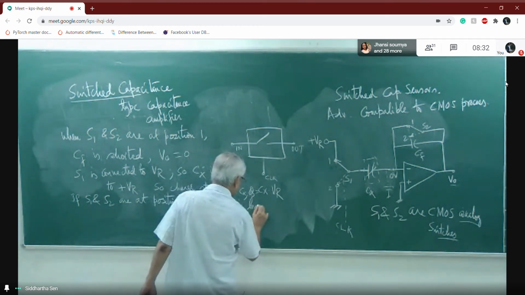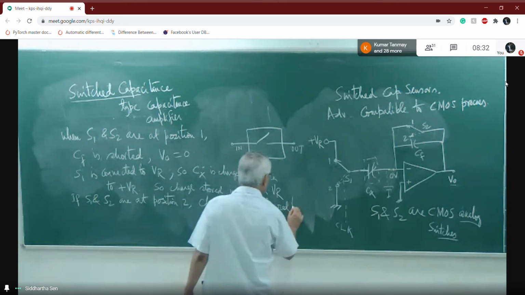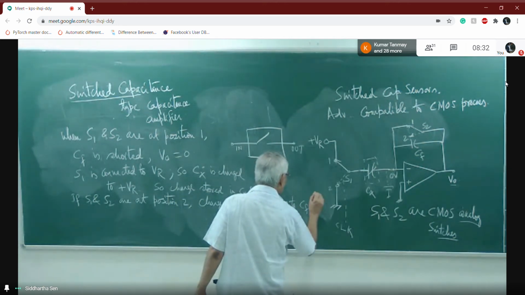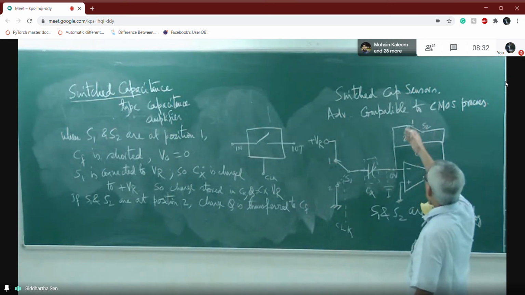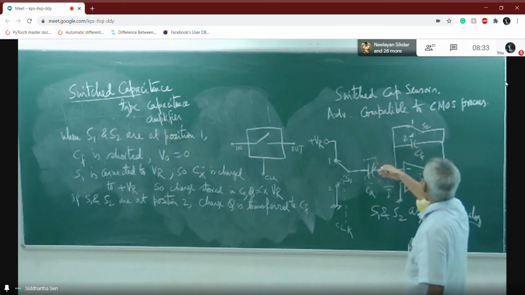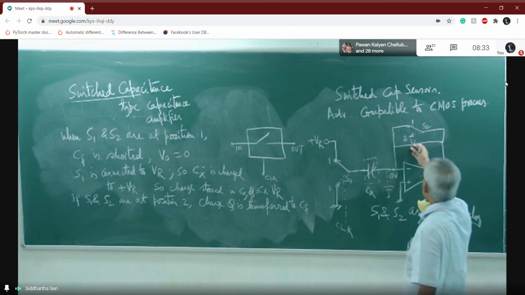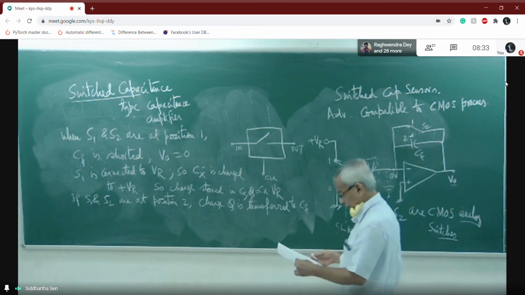is transferred to CF. So basically, as soon as I connect these two and this is open, this charge cannot be across the capacitance CX, and this charge will simply be transferred across CF. And if it is across CF, some voltage would be developed, that is V0.